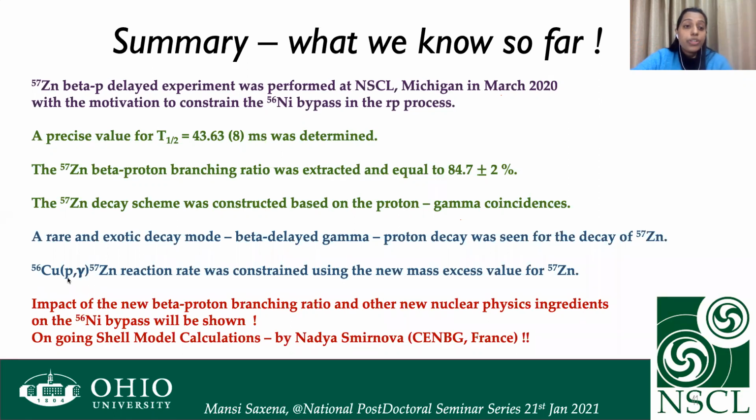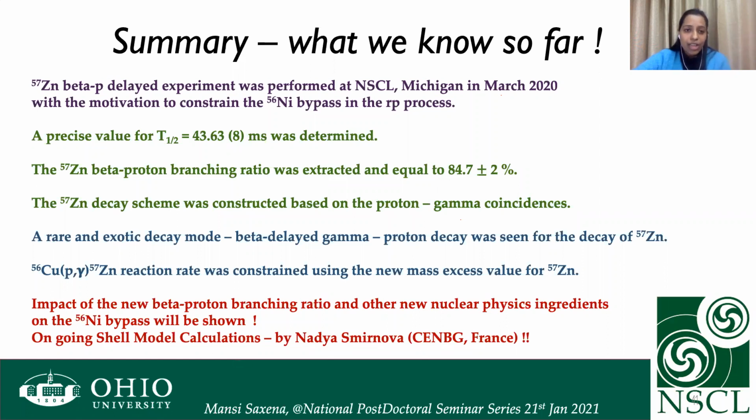The 56 copper (p,gamma) reaction rate was constrained using the new mass excess value for 57 zinc. And of course, we plan to go ahead and see the impact of all these new ingredients on the 56 nickel bypass. In addition, we also have, as I mentioned, the shell model calculations ongoing.